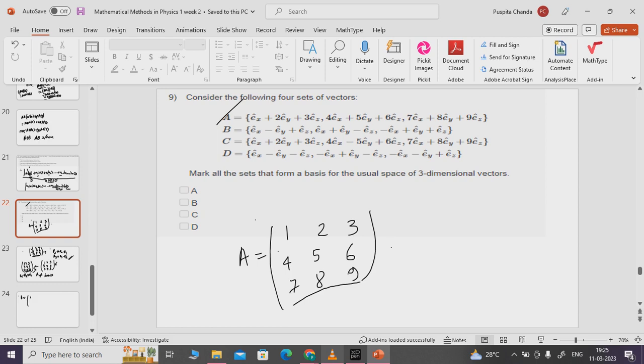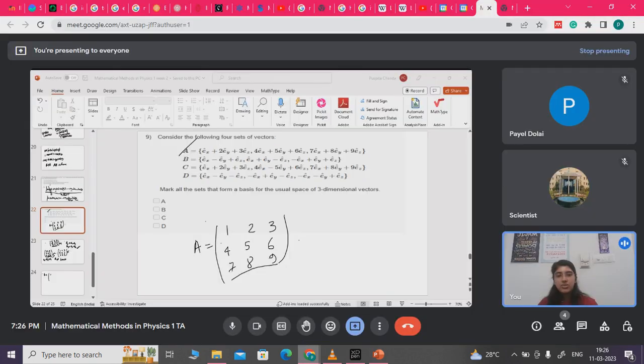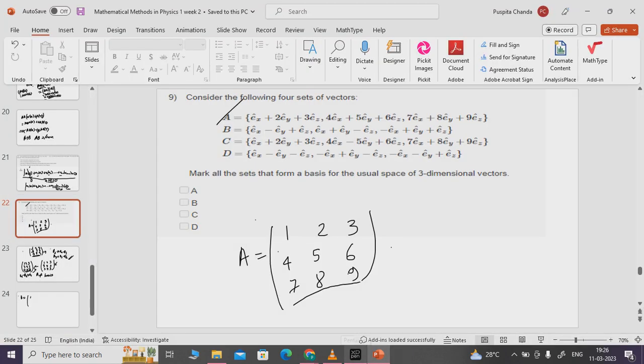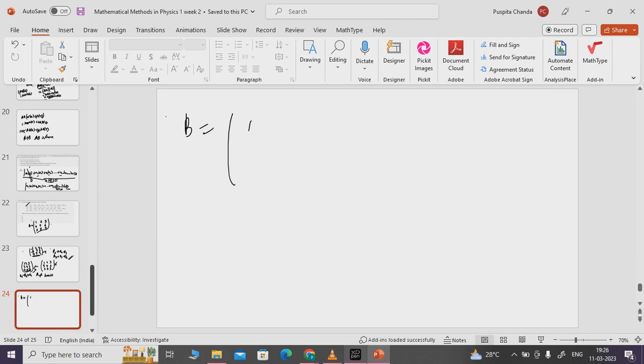Or you can say only independent vectors can form a basis. It is not about good basis and bad basis; keep things black and white, nothing gray. It will form a basis if they are independent. It will not form a basis if they are dependent.